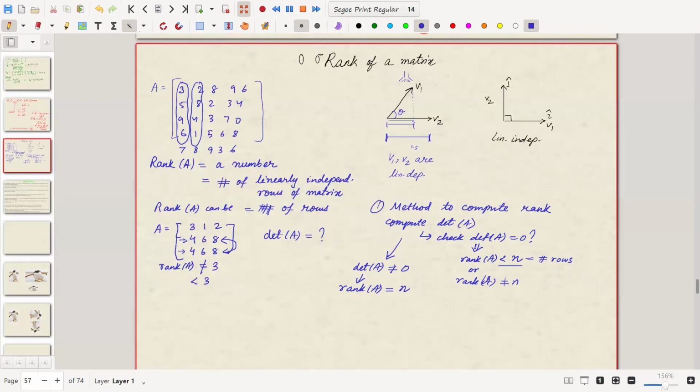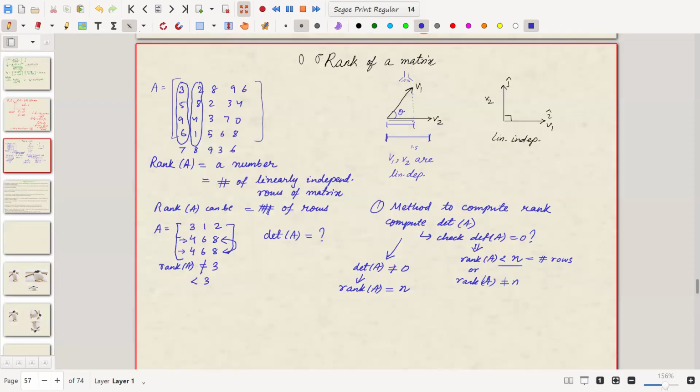Okay. So you can see that when a matrix is given to you and they are asking you to compute the rank of this matrix, what's the first step you should do? Compute the determinant. If it is not 0, you are lucky, because rank will straightforwardly be equal to the number of rows of the matrix.